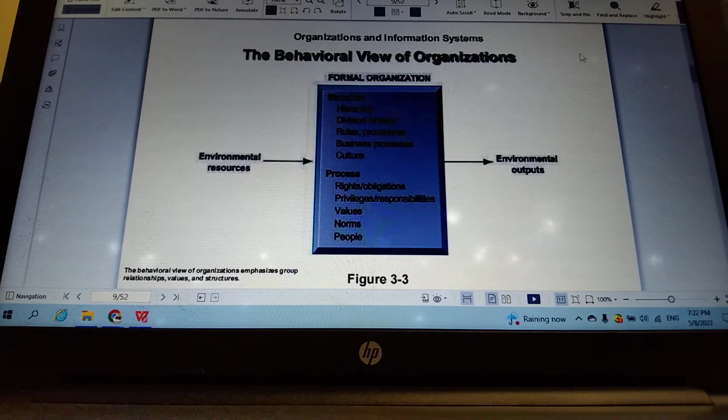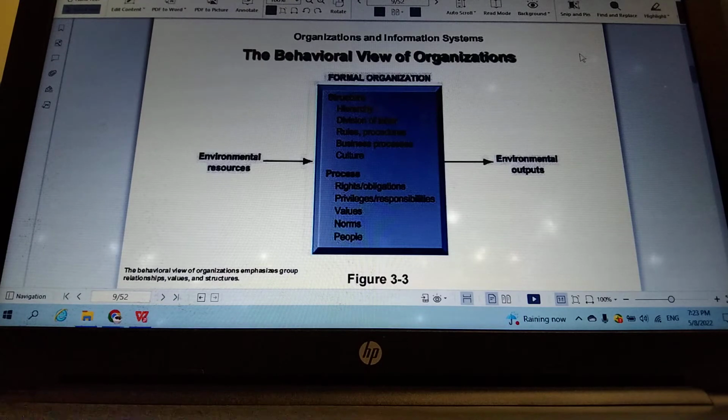Under the structure we have factors like the hierarchical structure of the organization, a division of labor, meaning people, rules and procedures, business processes, and culture. As you are all aware, different companies might have different cultures. So these are part of the structures for the formal organization.